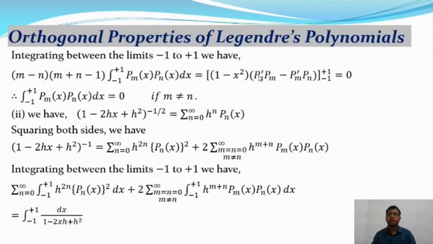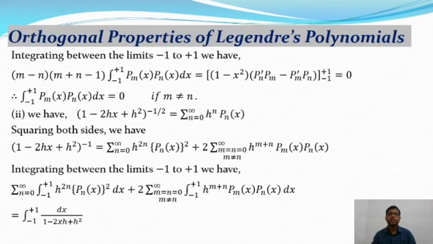If we put x equal to +1, this term is 0, and when we put x equal to -1, we also get 0. Therefore the integration from -1 to +1 of Pm(x) Pn(x) dx is equal to 0 if m is not equal to n. Hence the proof of the first property of Legendre polynomials.